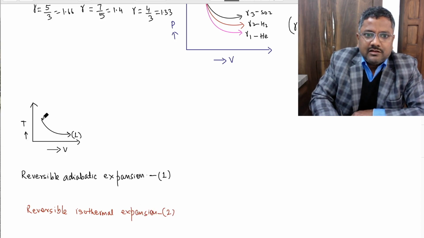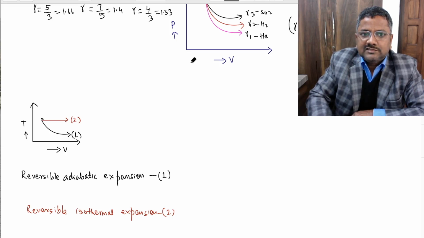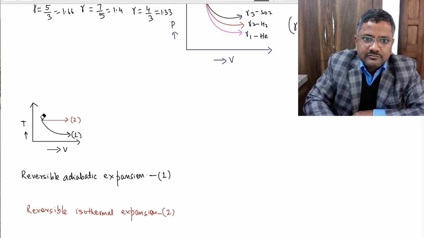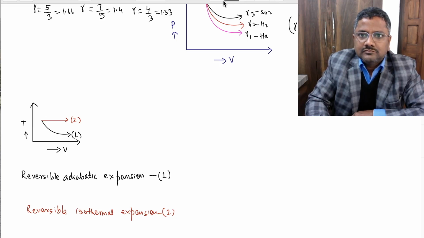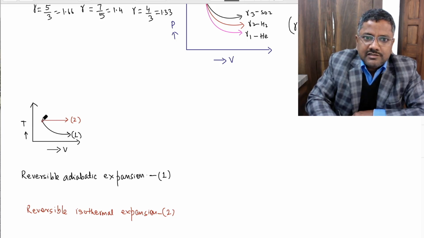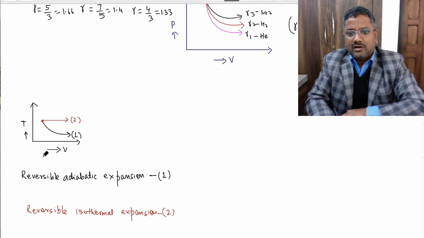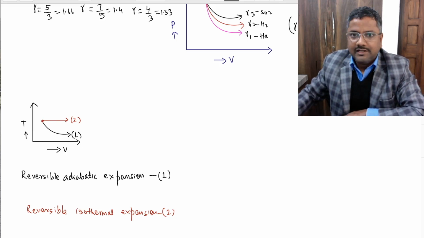The path of this will be like this. This is the initial state. So this is the plot between T and V, right?